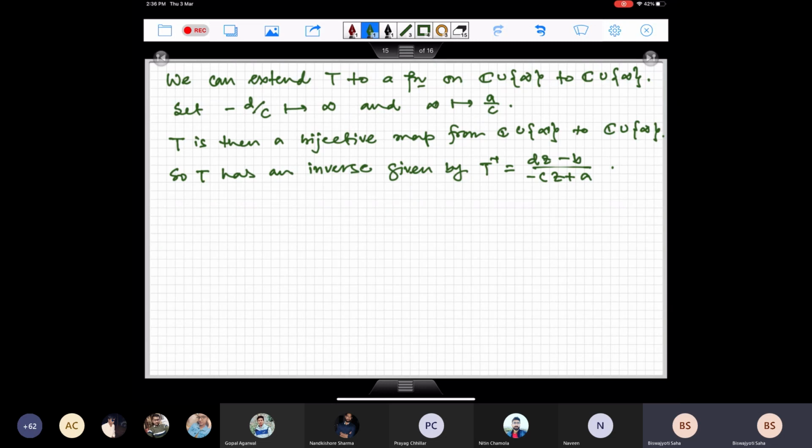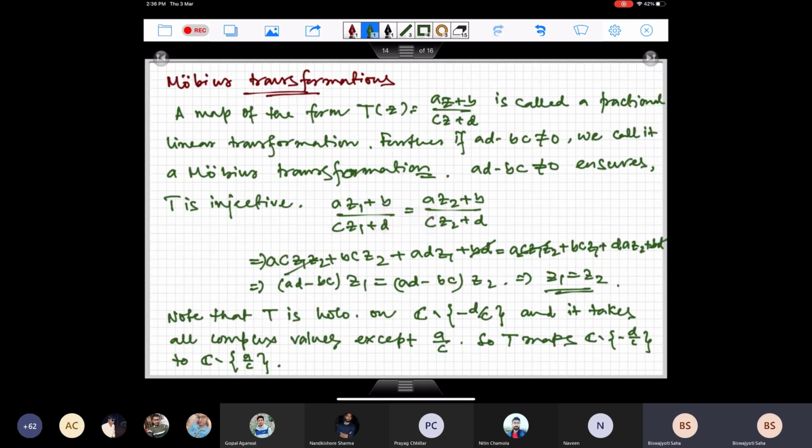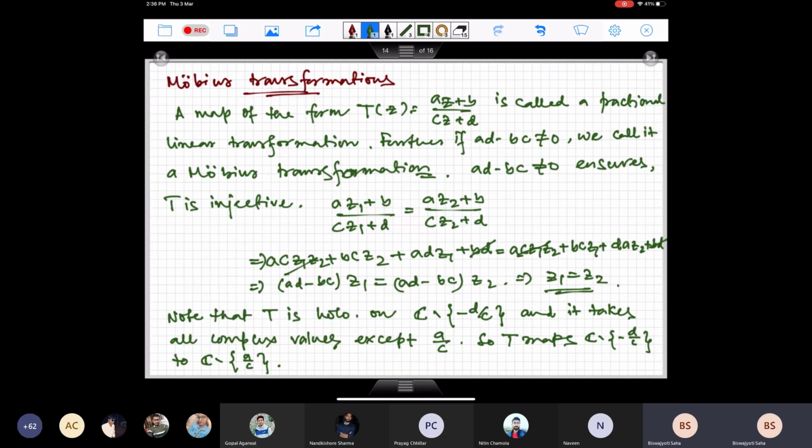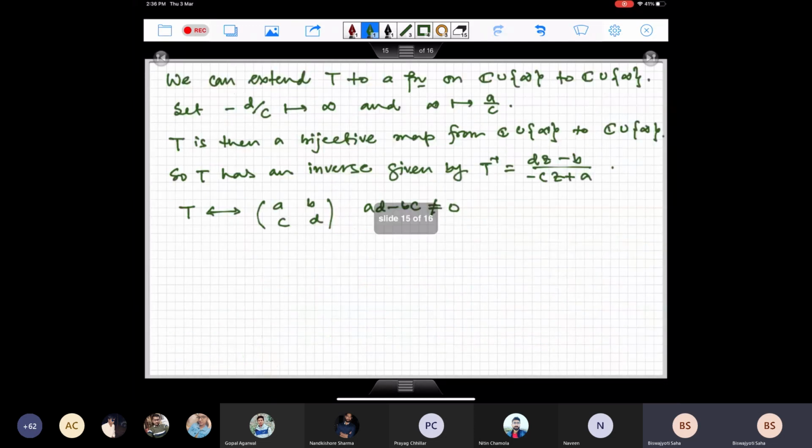Otherwise, you can also see it in the following form. For example, the way the map T is given, you can think of that your T is associated to the matrix A, B, C, D, where your AD minus BC is not equal to 0. Right? I can think of it in this way, that the map T can be identified to this matrix A, B, C, D, where AD minus BC is not equal to 0.